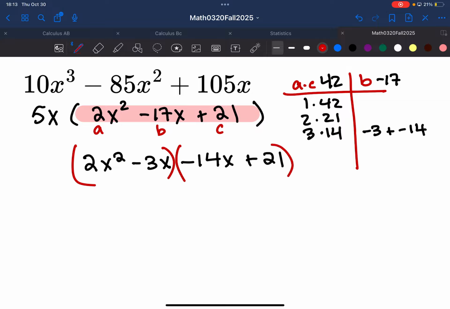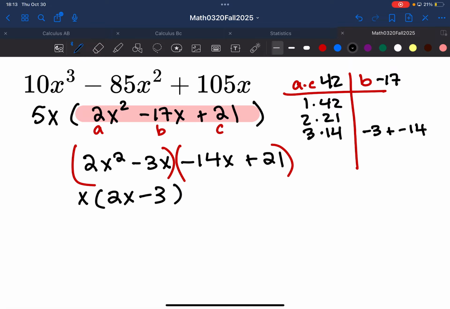So what GCF can I take from the first? X. Good, just x. And I'm left with what? 2x minus 3. So I'm taking that x away. So 2x minus 3, which means I want to have that in my next parentheses.